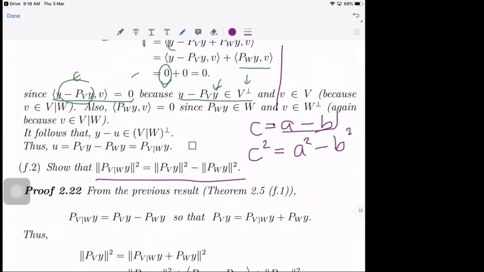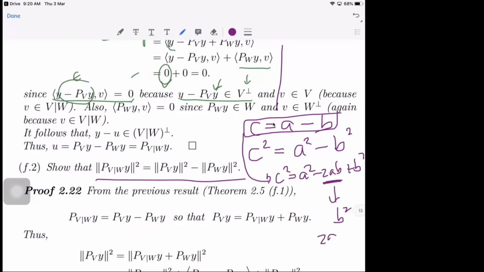Although algebraically, if you expand it, C square should be equal to A square minus 2AB plus B square, right? That is the algebra. So what happens here is that it can be expressed as A square minus B square. This means that the inner product can be expressed as AB.